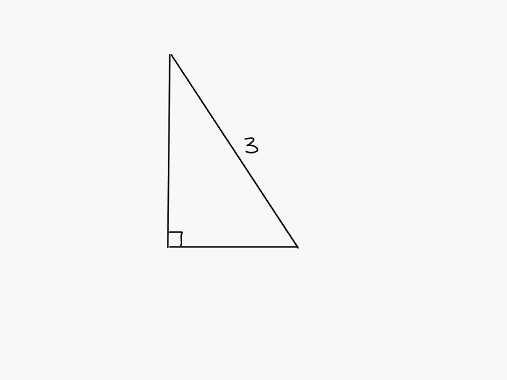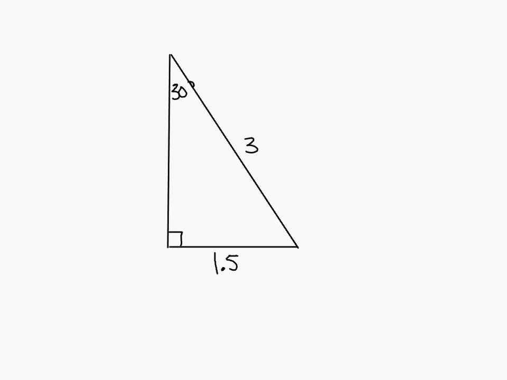Hypotenuse is 3. If the hypotenuse is 3, the short side is 1.5. Half of 3. 3 divided by 2 is 1.5.